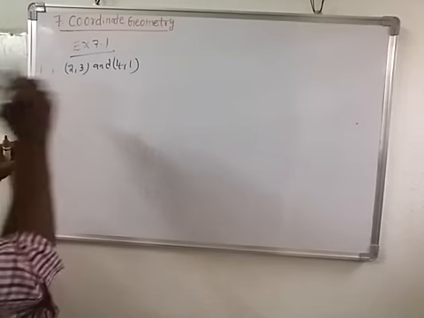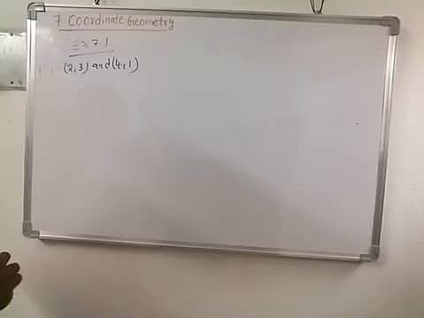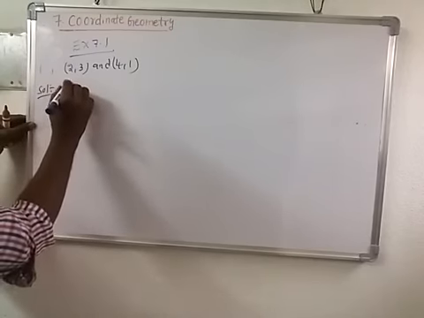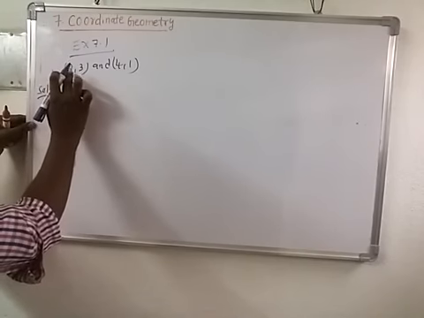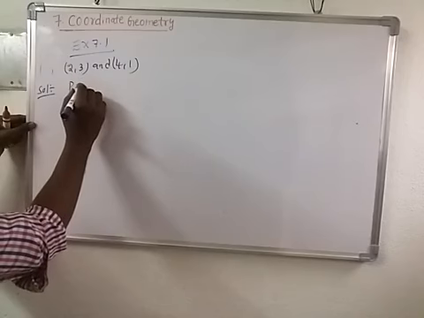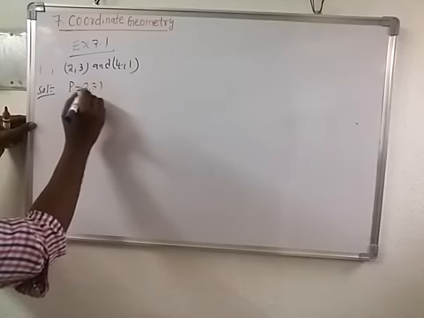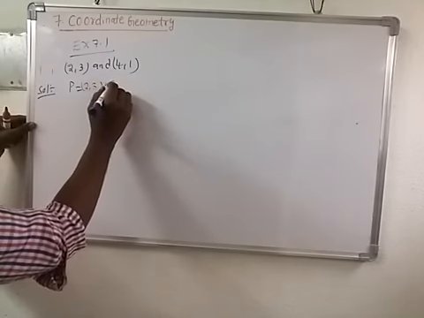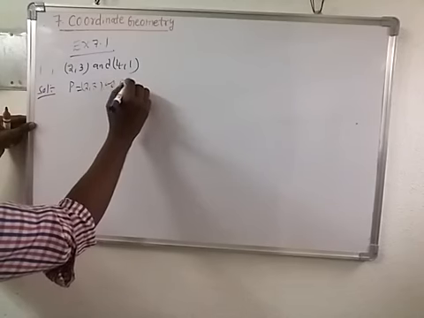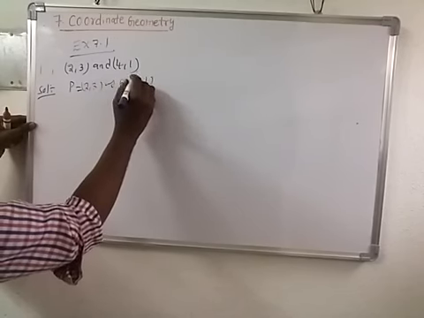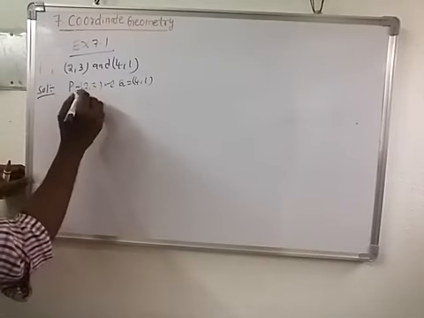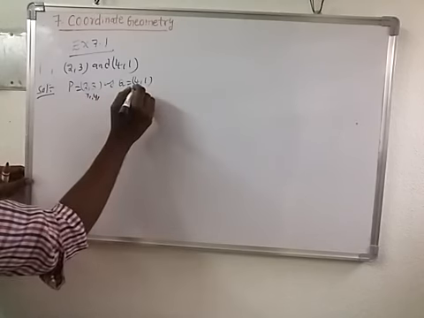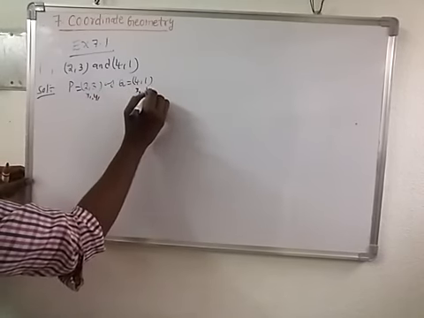Solution. First, take the point 2, 3 as P and 4, 1 as Q. So let P be x1 y1 and Q be x2 y2.